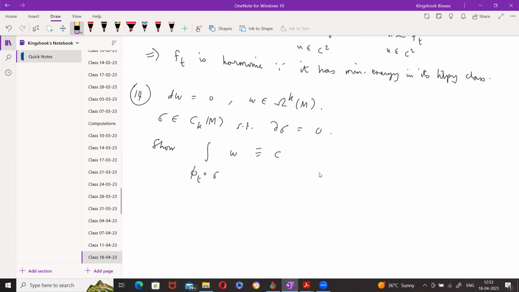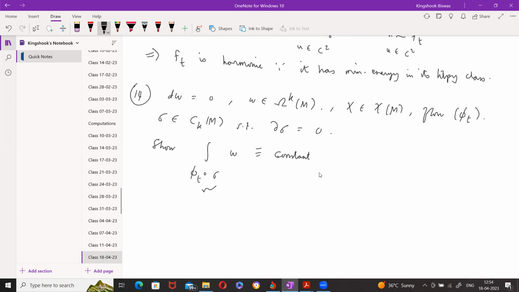So I have X in chi M with flow phi t. Then you have to show that this integral over phi t composed with sigma is a constant. Phi t composed with sigma is a bit misleading.